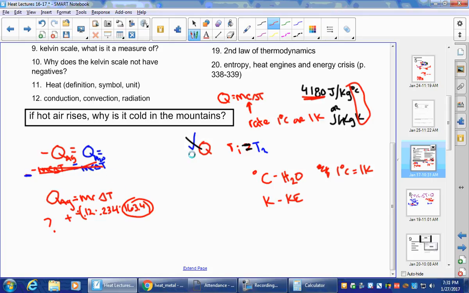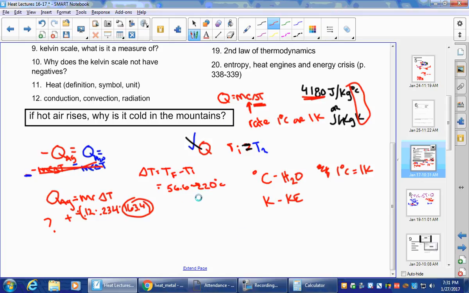But if I expand the heat equation up here, this change in T, right? How do I calculate change in T? T final minus T initial. So what was my T final in this problem? My T final was 56.6, right? For both materials, for the water and the silver. 56.6, and what was my initial temperature? It was 220 degrees Celsius for the silver, right?